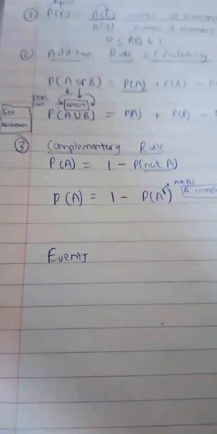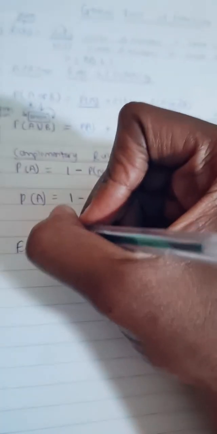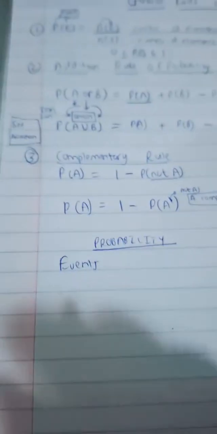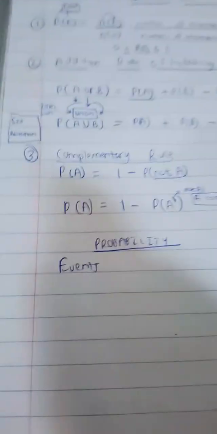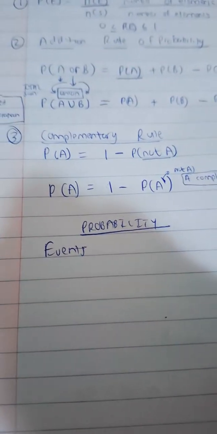Okay, now there are what we call the events. We have different types of events when it comes to probability, and I want us now to zoom in to the type of events that we find in probability.